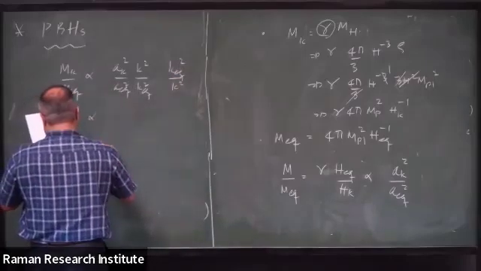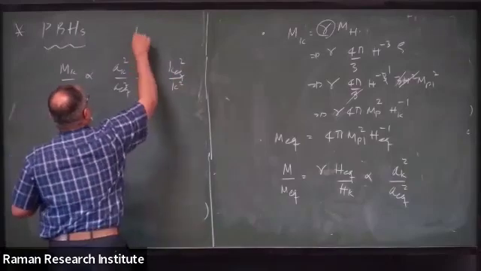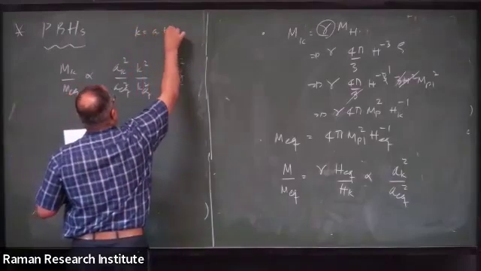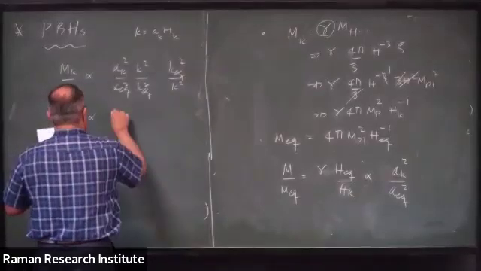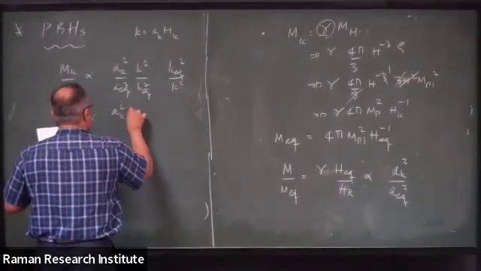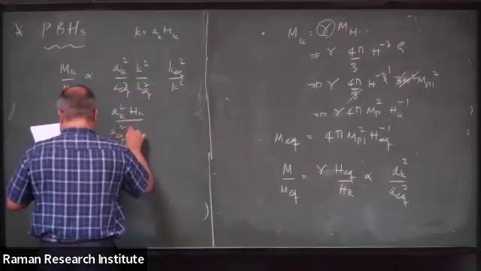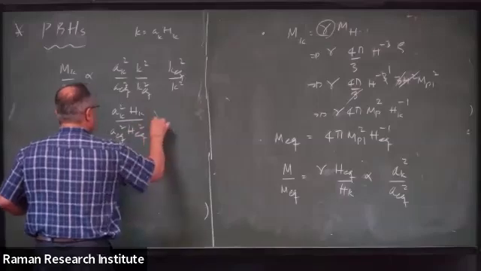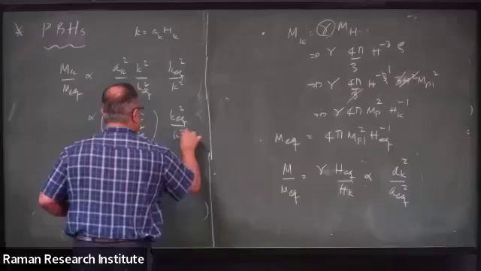So this becomes, right? But k is a_k H_k, right? So this becomes a_k squared H_k squared divided by a_eq squared H_eq squared, times k_eq squared by k squared.